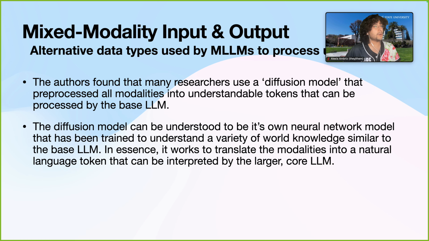So the diffusion model can be understood to be its own neural network, but it translates the modalities into a natural language token that is then interpreted by the larger core LLM. So this is how you would input the mixed modalities and then have the model be able to recognize it and then use it for outputting LLM responses as text.